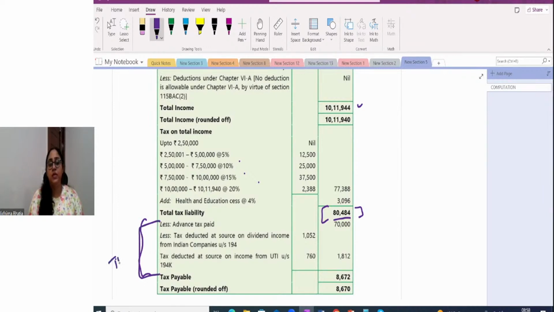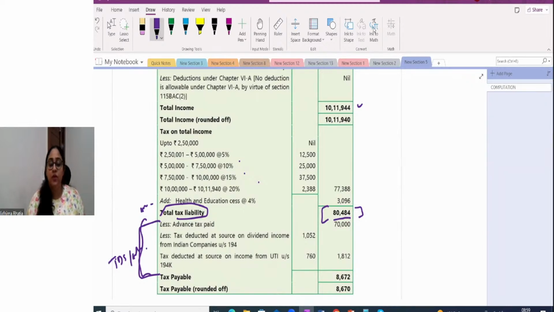Someone has also asked me, TDS, advance tax, इसका कुछ impact? No. Tax liability differs in AMT, normal, new tax regime, but these would be the same. So you see close to 40,000 का benefit is something which you are getting in tax because of the new tax regime.